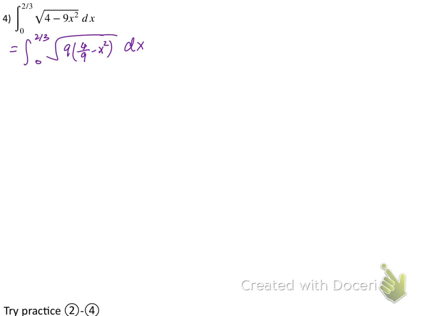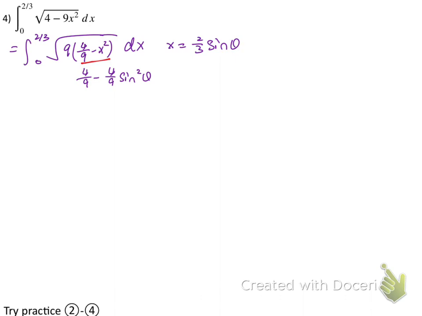So I will make these 4 over 9 minus 4 over 9 sine theta squared, which means my x is actually 2/3 sine theta if you compare. X squared equals 4 over 9 sine squared theta. So x itself is 2/3 sine theta. Okay, so that's my x.